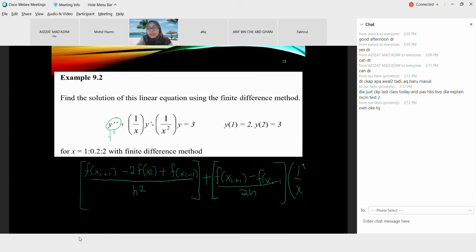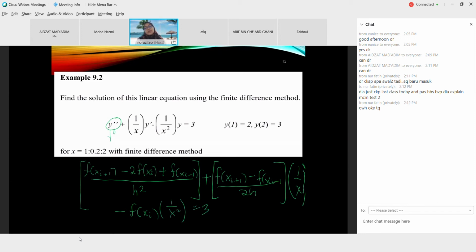Okay, yang mana tak perlu ganti, tulis saja. Minus y. Y kita nak buat apa? fx I. Maksud kata, dia adalah di bawah variable bergantung kepada perubahan grid nanti ya. Okay, multiply 1 over x square equal 3.